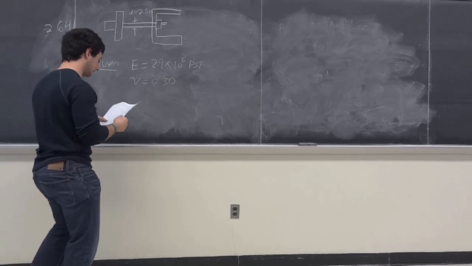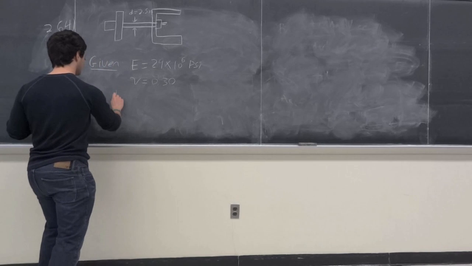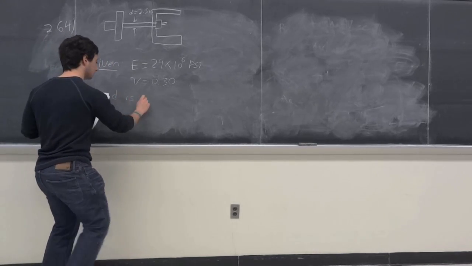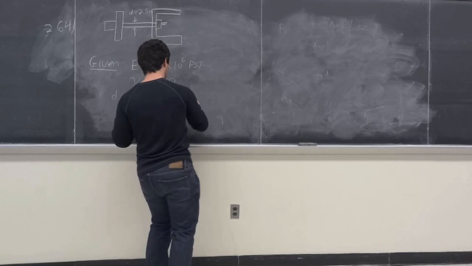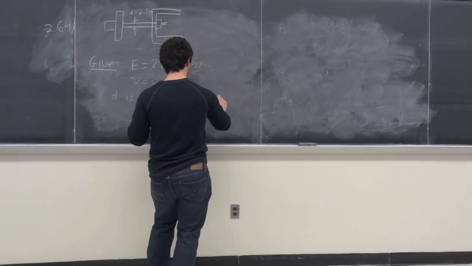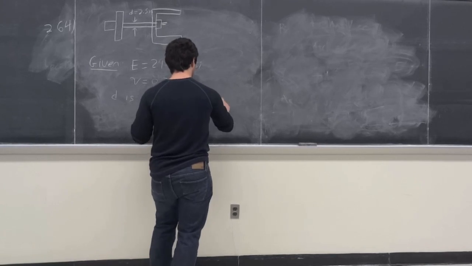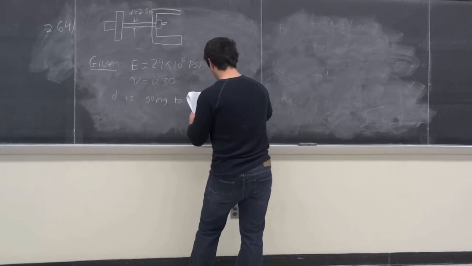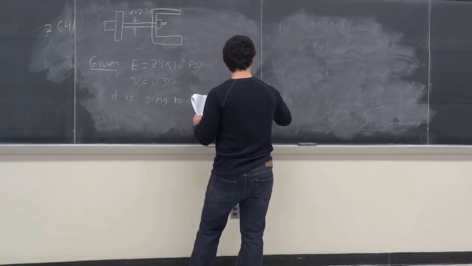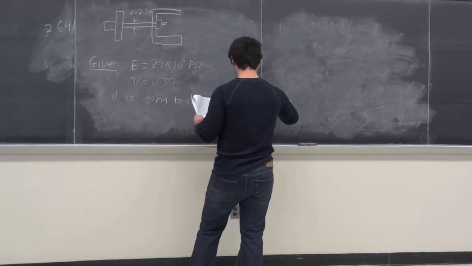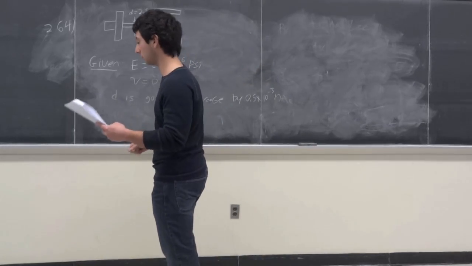Okay, and they say the diameter is observed to decrease by 0.5 times 10 to the negative 3 inches. And they want to determine the internal force of the bolt.